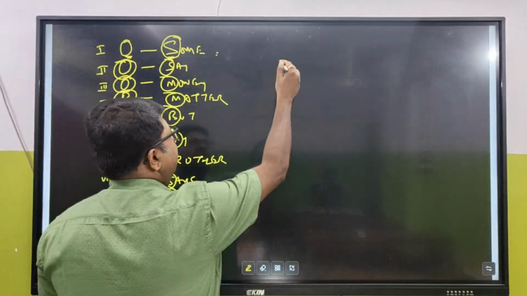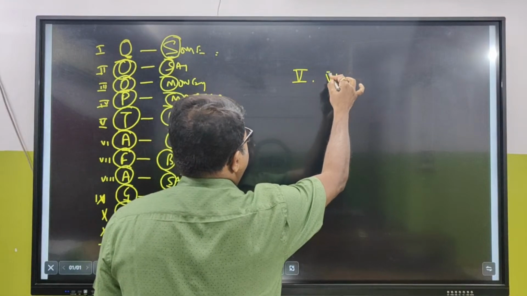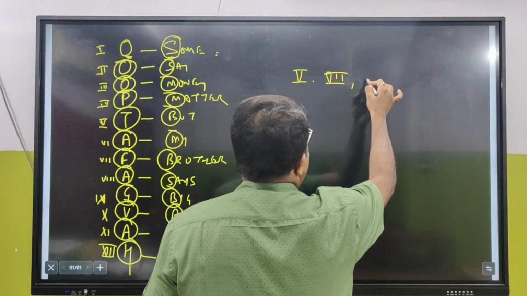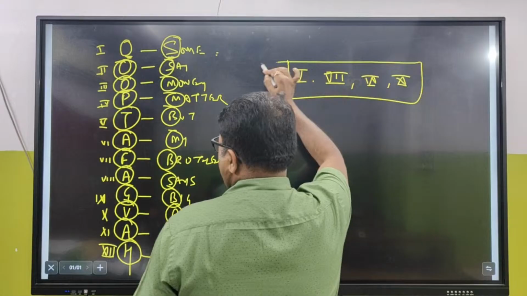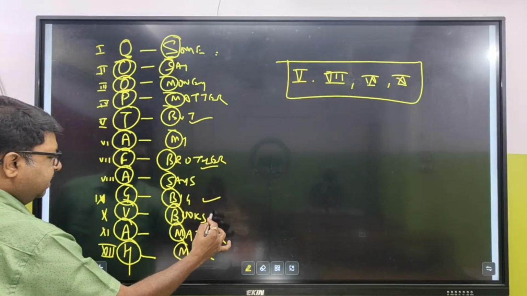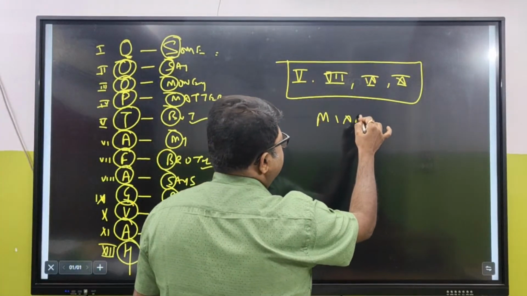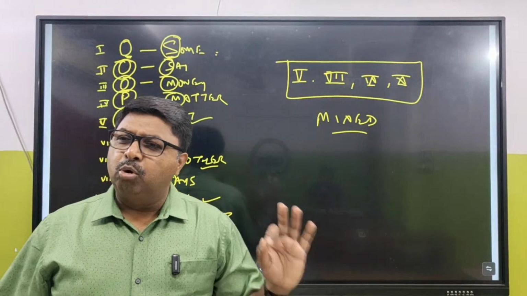So how many of them are mixed? 5, 7, 9 and 10 are mixed. Fine, so these are both. So neurons, they can be mixed, sensory, or motor.